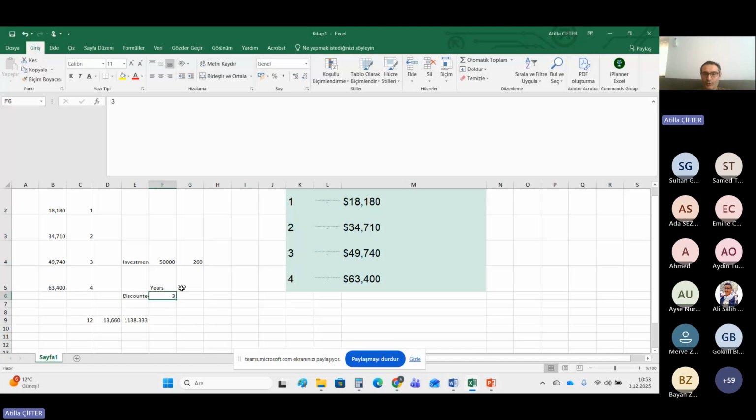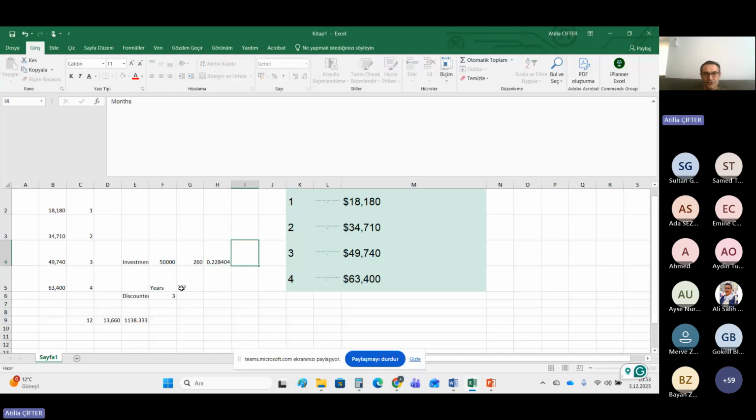Okay, 3 point. If you would like to see the exact value for this calculation, it's like here. 0.22 months.